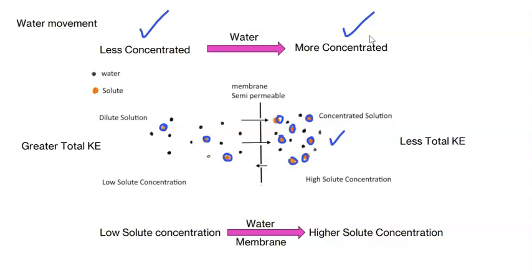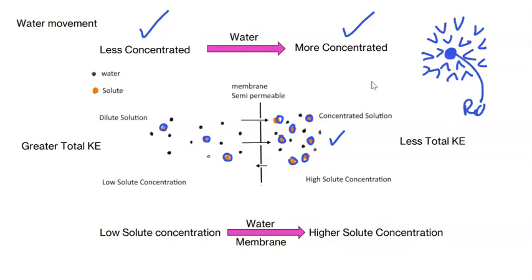So you'll remember that where we have a solute particle, the water molecules become hydrogen bonded to it, and the consequence of this hydrogen bonding is that the kinetic energy of the water molecules becomes reduced. And so solute particles reduce the kinetic energy of water molecules.